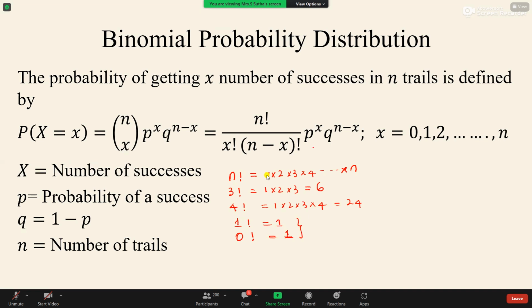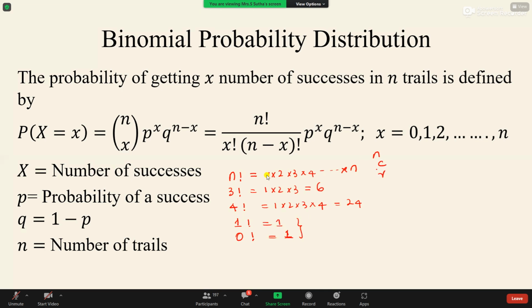But for the binomial probability distribution, for the exams, you have to use calculators, right? We will not provide the tables. So you have to practice on your calculator, where there is a direct calculation you can get, nCr.